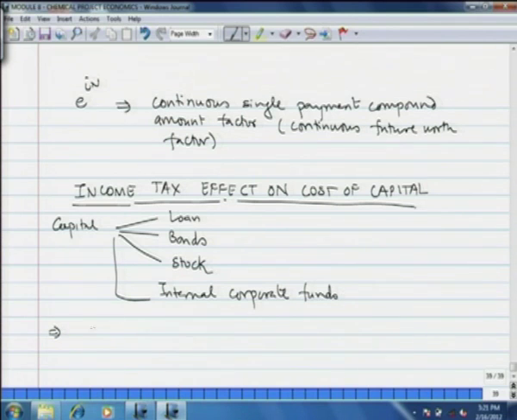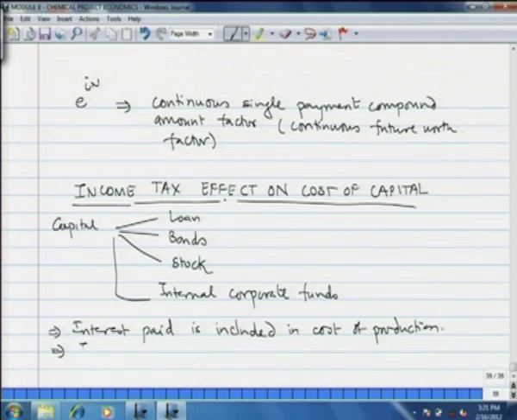The interest that is paid on portion of an investment that comes from loan can be considered as a cost. That is the cost of production. Then, interest paid on the bonds can also be considered as cost of production.